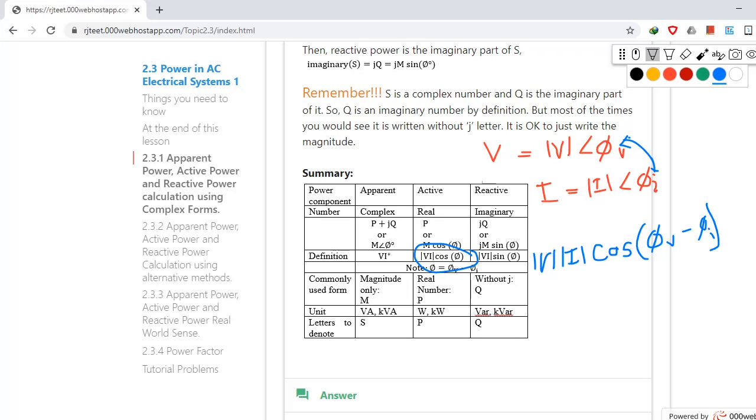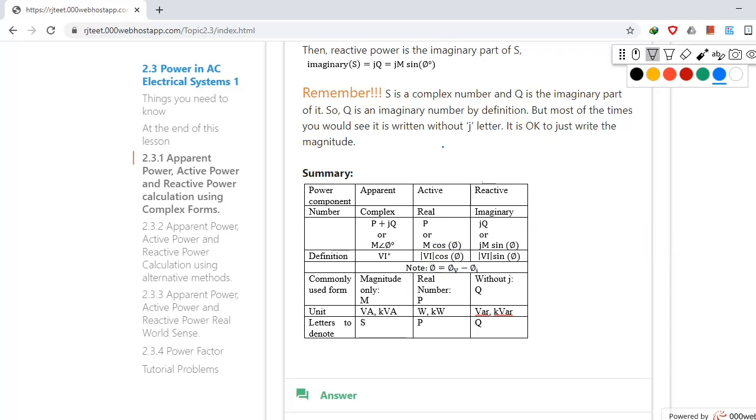So this difference between these angles, sometimes we call the power angle. The same thing you call power angle, right? So this phi V minus phi I you call power angle, right?